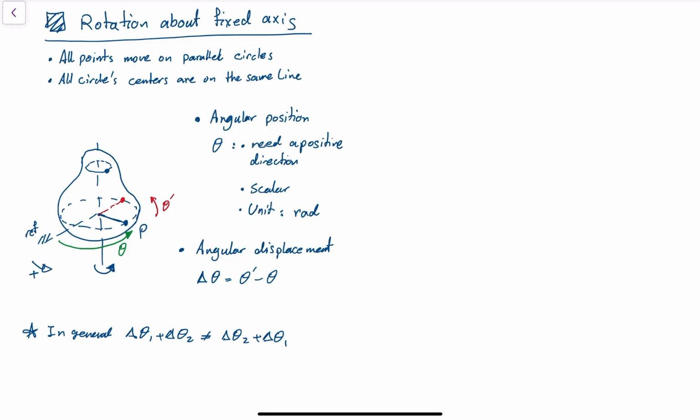So, for finite angular displacements, order matters. So, you cannot define vectors, because vectors v1 plus v2 should equal v2 plus v1. So, this doesn't work.